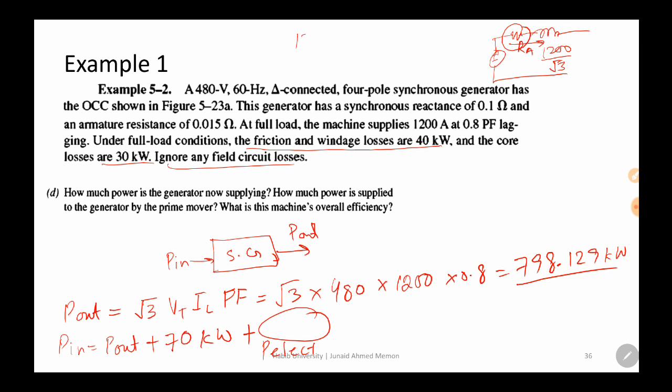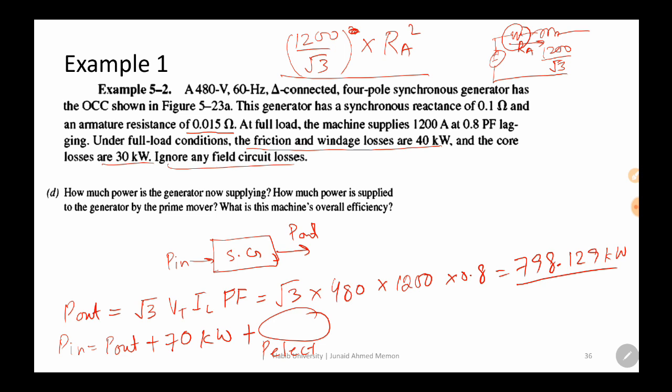So that is 1200 divided by root 3, IA squared, which is I squared times RA. RA we know is equal to 0.015. These are the losses in a single phase.